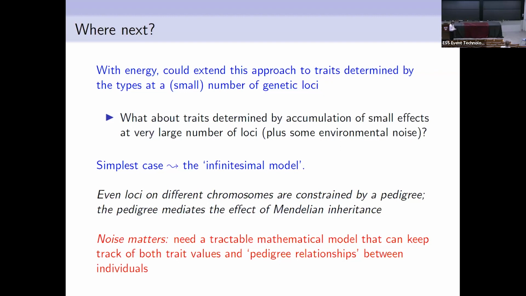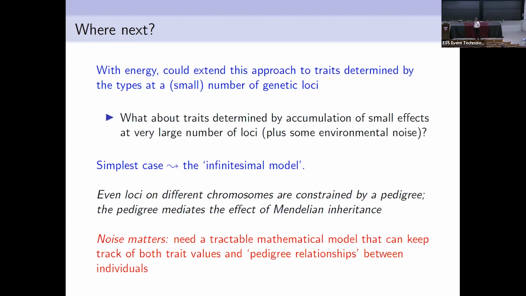Now, if you don't take any notice of the finite population effects, it doesn't matter. If you're interested only in infinite populations, you can still write down a differential equations model, which will allow you to investigate the evolution of the infinitesimal model with time. But finite population effects, especially if we're interested in adaptation to new, let's say, climatic conditions, as a random example taken from nowhere, of course, are going to be increasingly important.